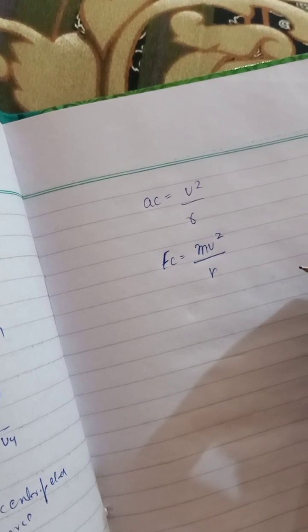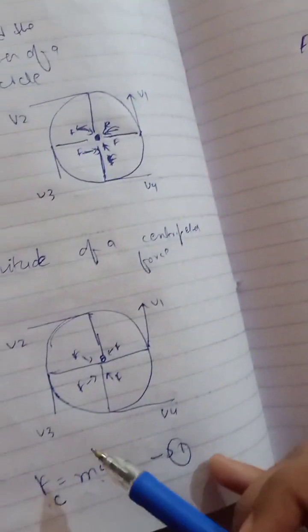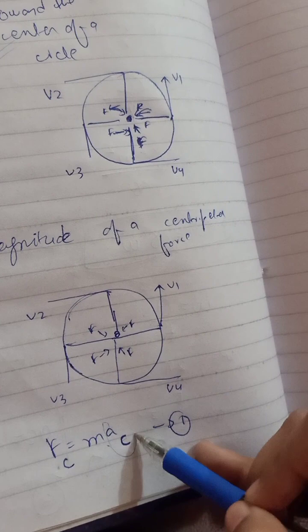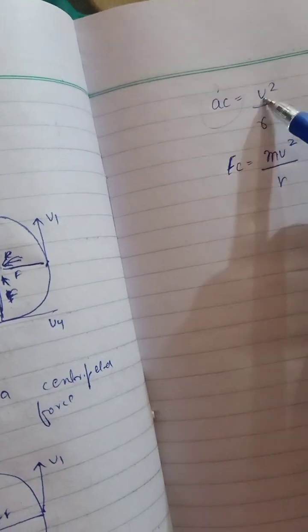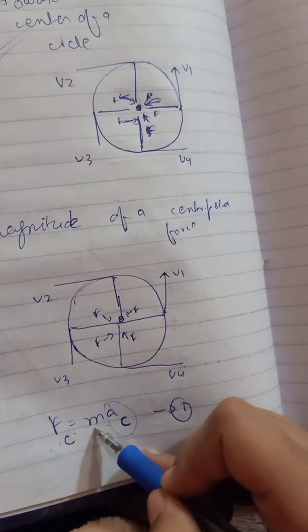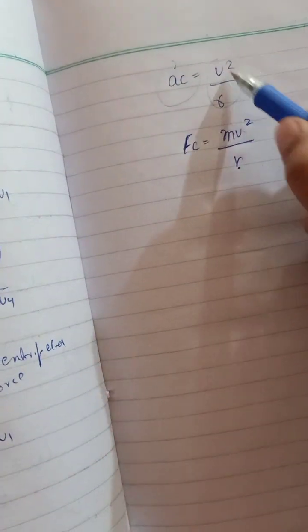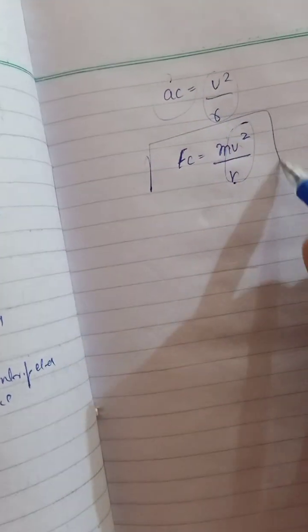Here we have just put in the acceleration formula v square upon r. F_c is equal to m a_c, so we have put it here. This is the first formula of centripetal force.